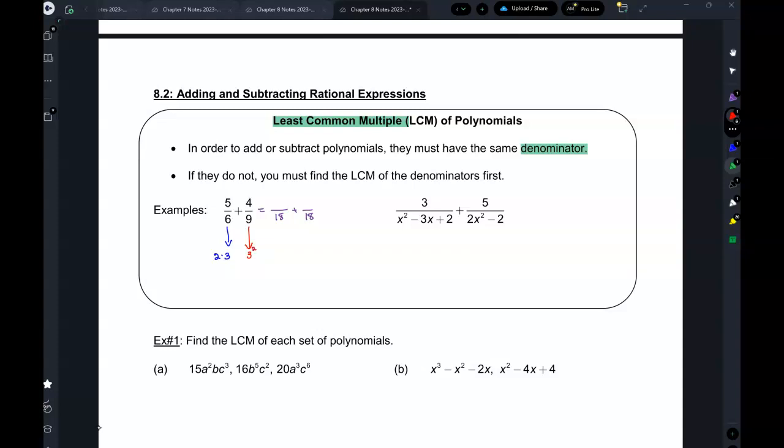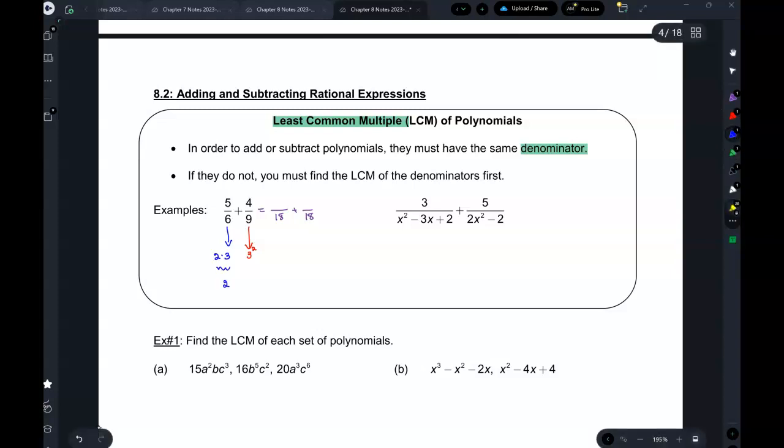Now for the common denominator, basically I want to find a number that both the 6 and the 9 can go into. That means the number that I find for the common denominator has to have common factors in the 6 and in the 9. So all of the factors of 6 and all of the factors of 9 have to exist in that 18 that we find. That's why I pick 2 from here.